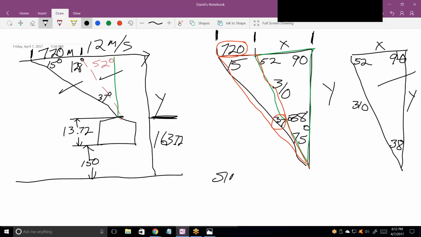So I could say the sine of 90 degrees divided by 310 equals what? Oh, I'm sorry. I skipped a step. Equals. That's okay. I don't mind you skipping a step, but it always confuses me when my students skip a step because I never know what they're doing. So try not to skip steps. But okay. So sine of 52 degrees over y.